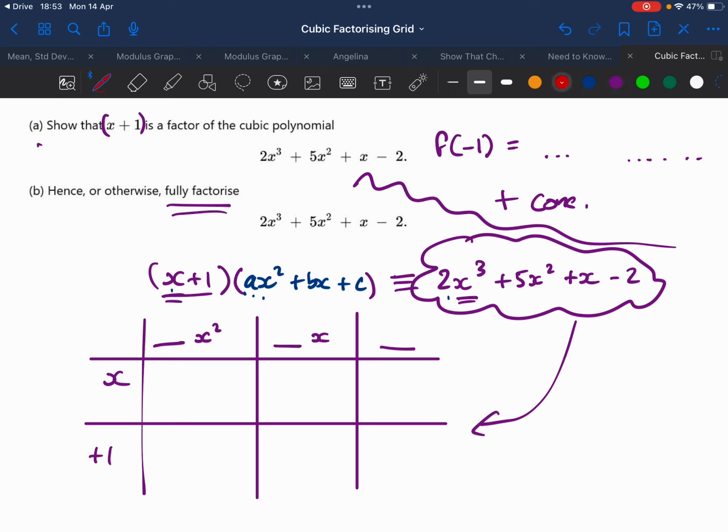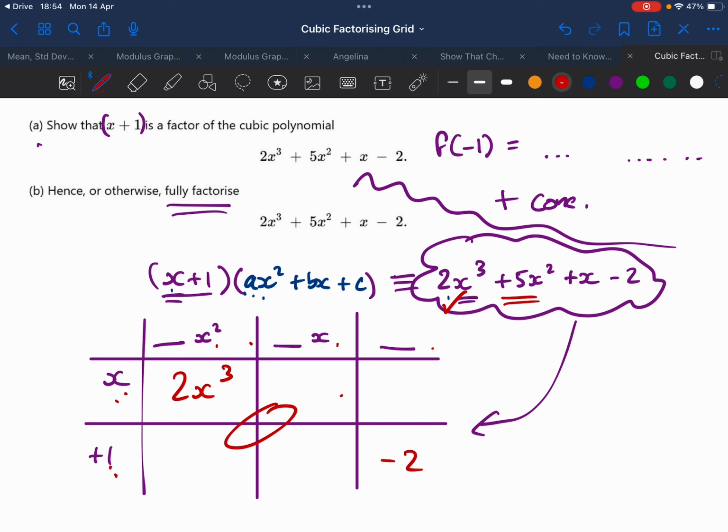So 2x cubed goes here on your grid because it's x times x squared. The next easiest number to place in the grid is the -2. So if you put the -2 down there, because it's when you get a number multiplied by a number, that's when you get -2. The 5x squared is a bit more difficult because it comes from here and it comes from here.